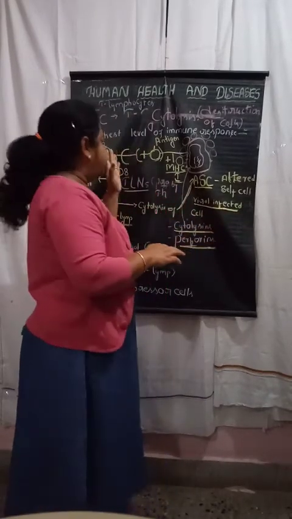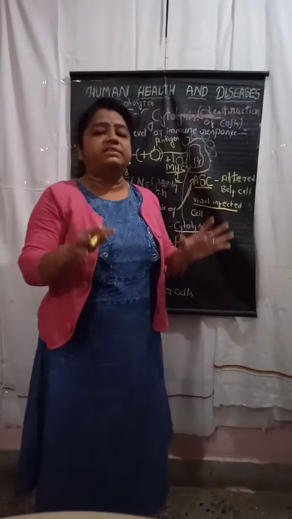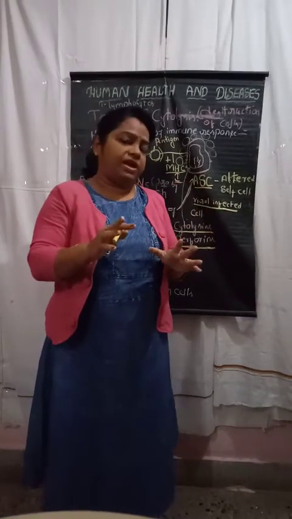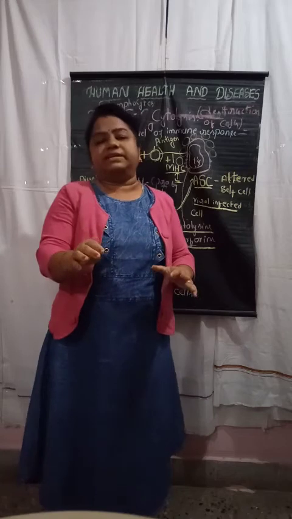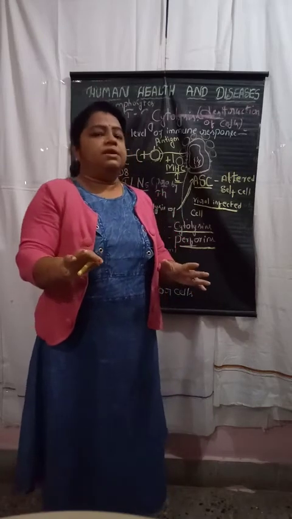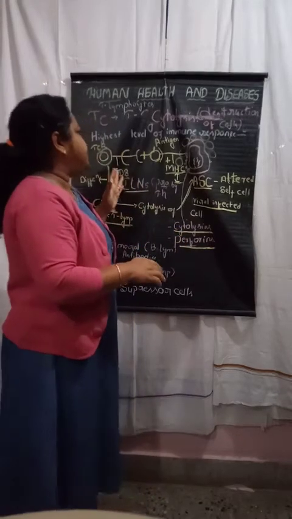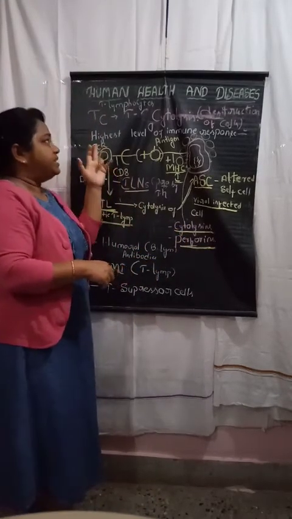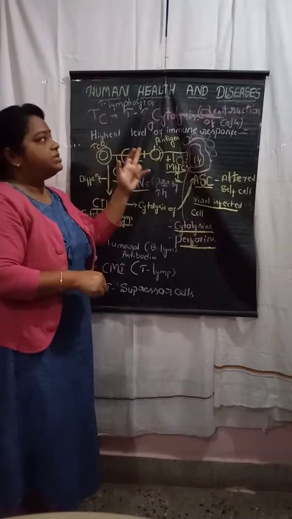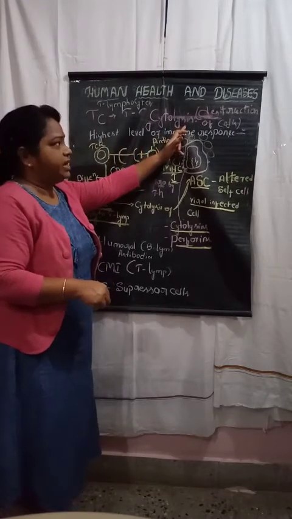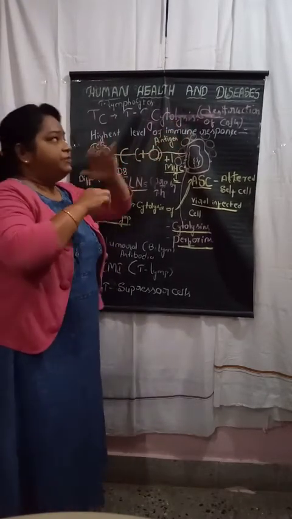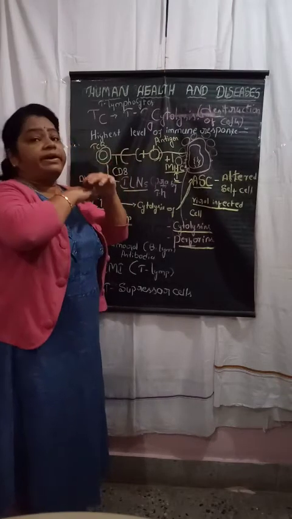Only these TC cells kill only the altered cells, the infected cells. So by this it is very clear how the mechanism takes place, by these TC cells through the process we call cytolysis. That's why it is called the highest level of immune response.